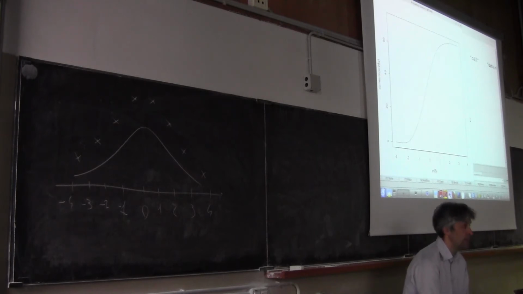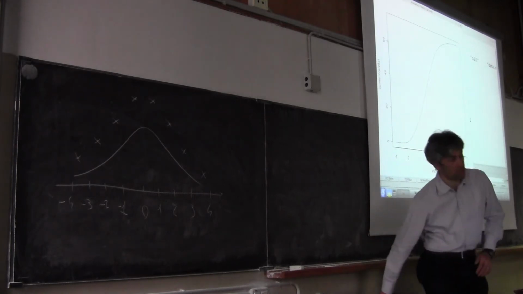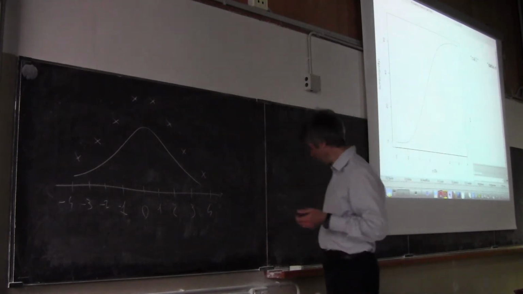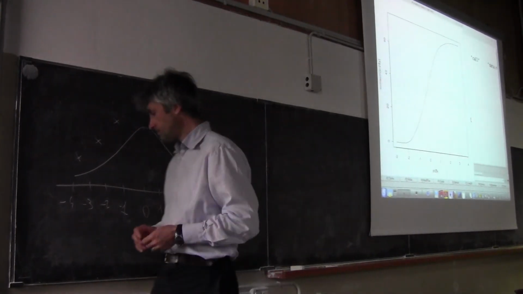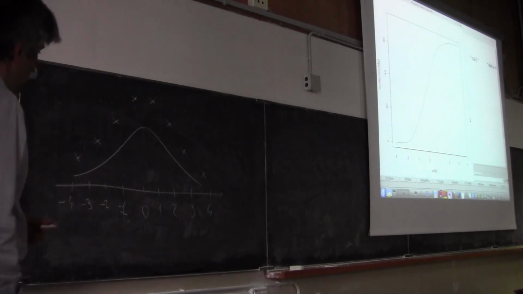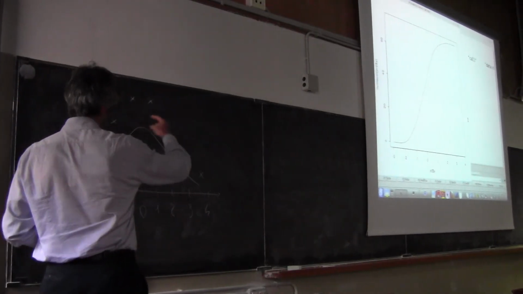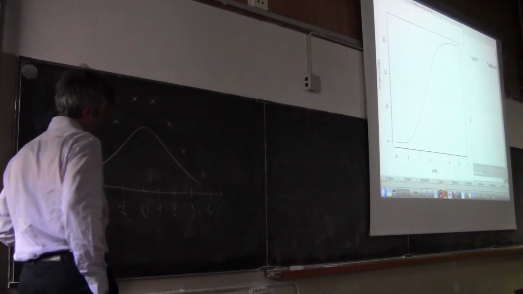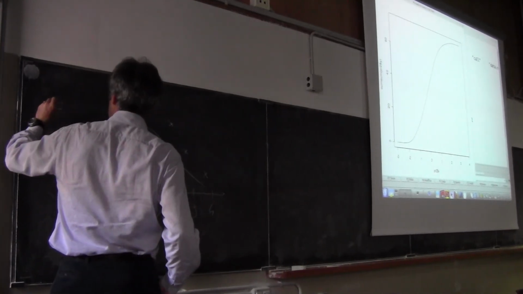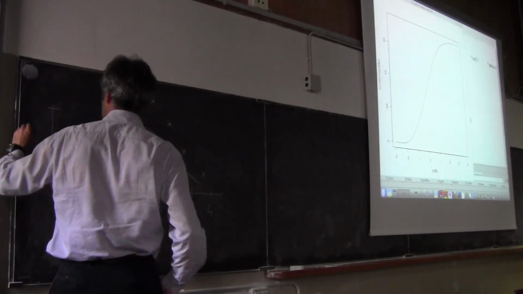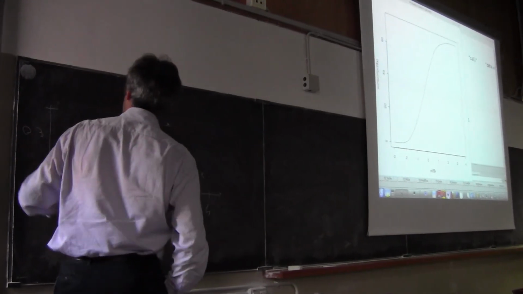So what is the reason why the scale is not between 0 and 1? It's quite easy to understand. Because the probability density was, I think, 0.3 maximum ordinate.